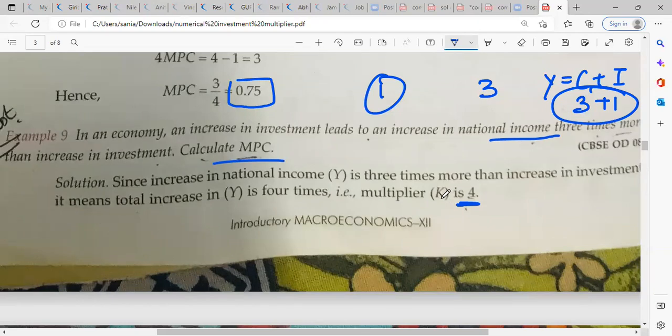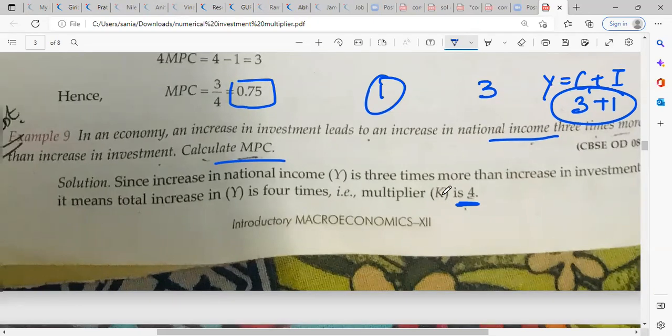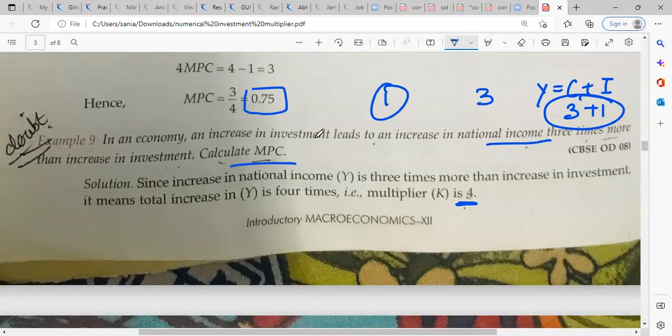Ma'am, could you explain once more? Yes, ma'am. Okay. See, in an economy, an increase in investment, your investment is increasing. And it leads to increase in national income 3 times. So basically your national income is increasing 3 times more than the increase in investment, right? You have to calculate MPC.